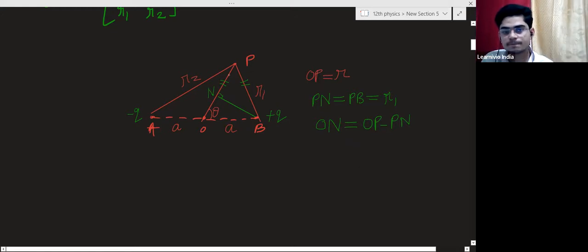What is the value of OP? OP is equal to R, so we can write R here. PN is equal to R1. Sorry for that.